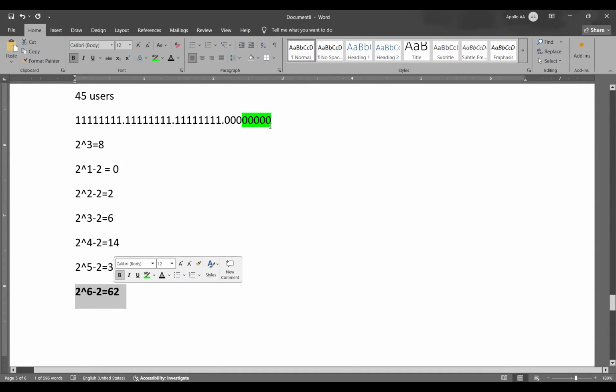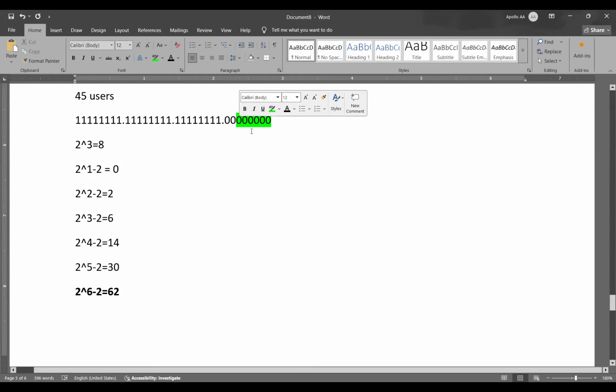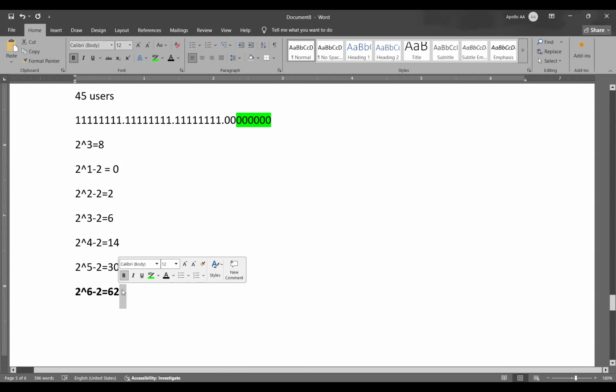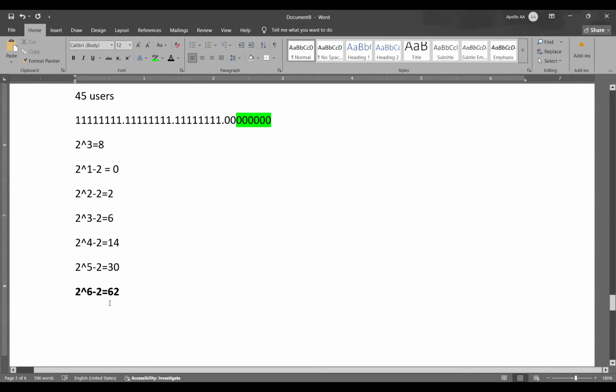Okay, let me correct that: not 5, 6 actually. This should be the 6th one. That was an oversight. We need to have at least 6 host bits, as we can see here, in order to have a minimum of 45 users per subnet.